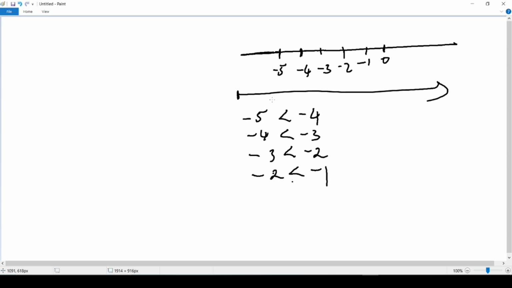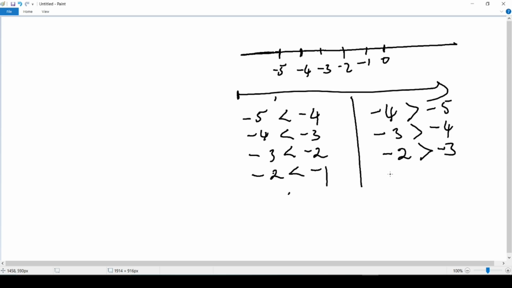And so on. Otherwise, we can say that -4 is greater than -5, -3 is greater than -4, -2 is greater than -3, and -1 is greater than -2.